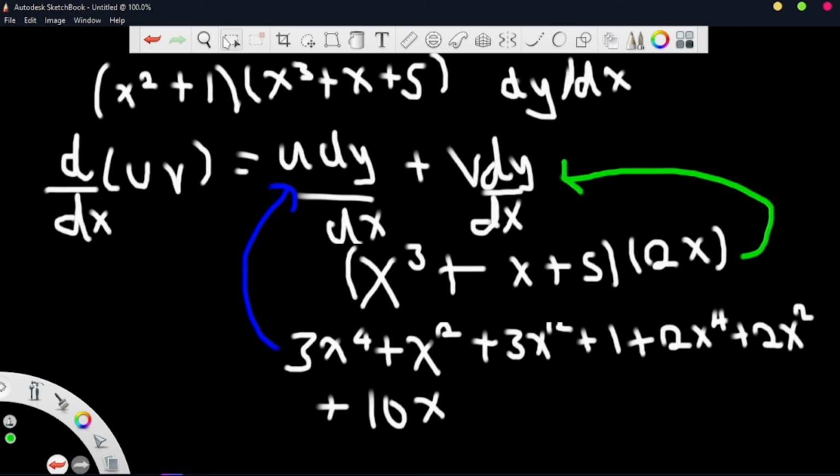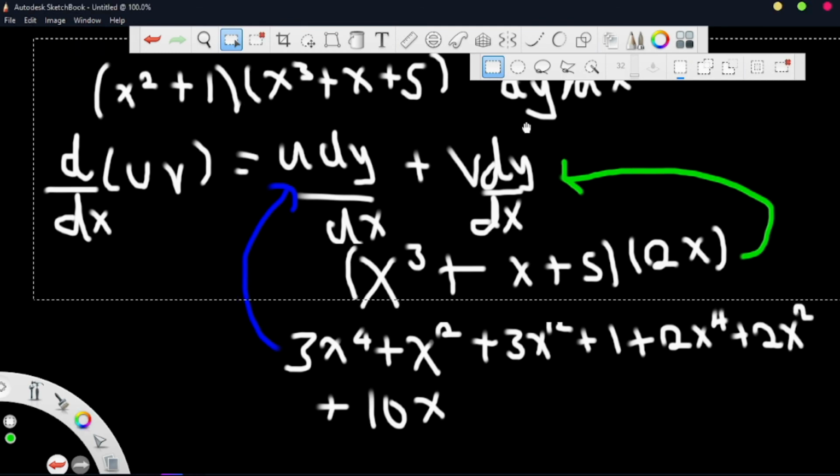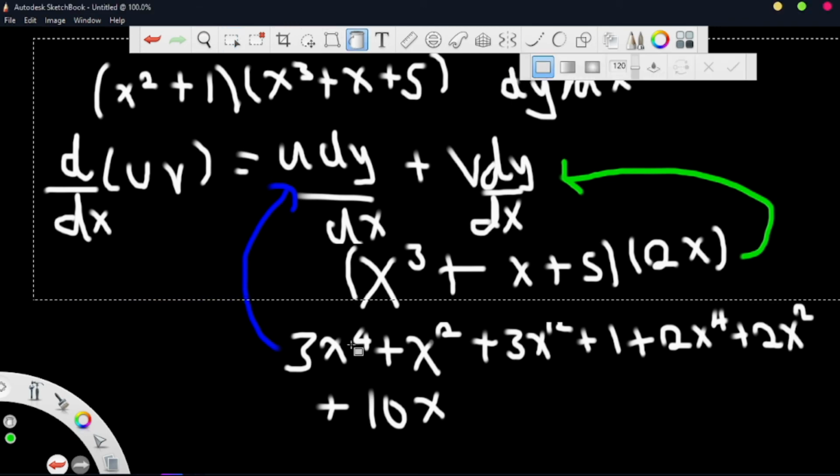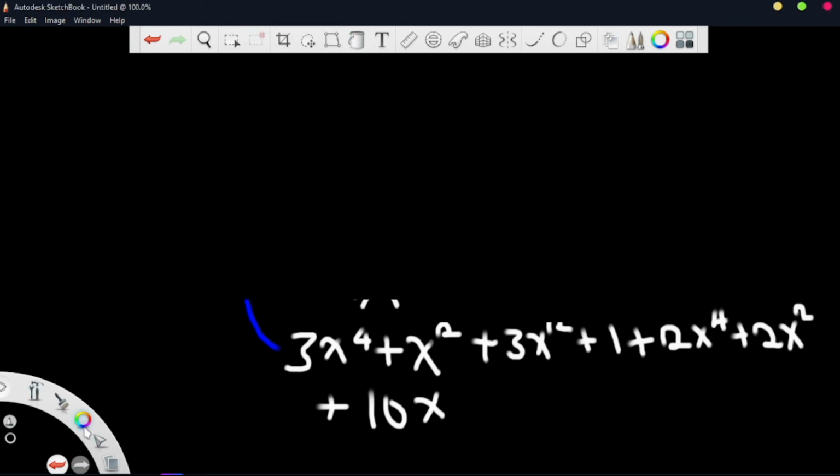Now all that is left is to collect the like terms and simplify further. So I've got something like this.